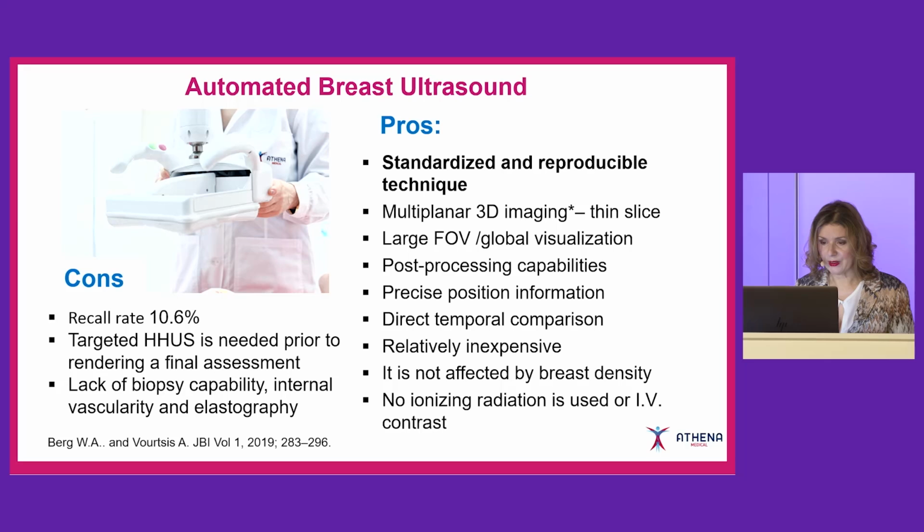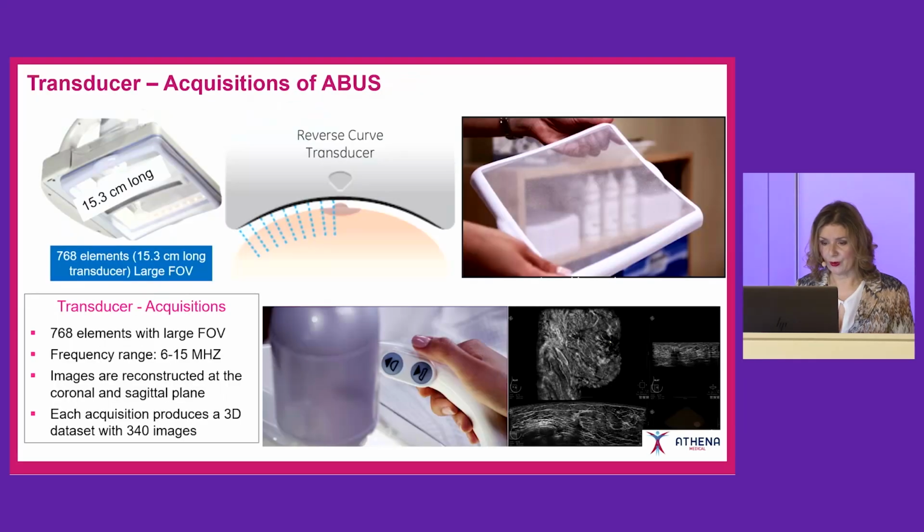So there are great advantages of automated breast ultrasound. It is a more standardized and reproducible technique. We have a large field of view, and this is because of the reverse curved large transducer that we have. You can see that it is curved, and it's actually manufactured like that in order to cover the entire breast and to have a better contact with the skin.